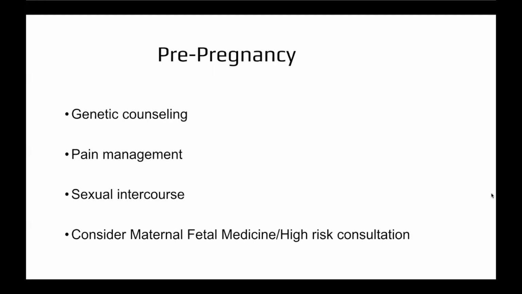So just to generally talk about pregnancy, we'll talk about pre-pregnancy, during pregnancy, and postpartum. Pre-pregnancy for people with HSD, you might consider genetic counseling. As of now, I'm not aware of a known genetic defect that causes the hypermobile type of Ehlers-Danlos syndrome. That may change, hopefully.